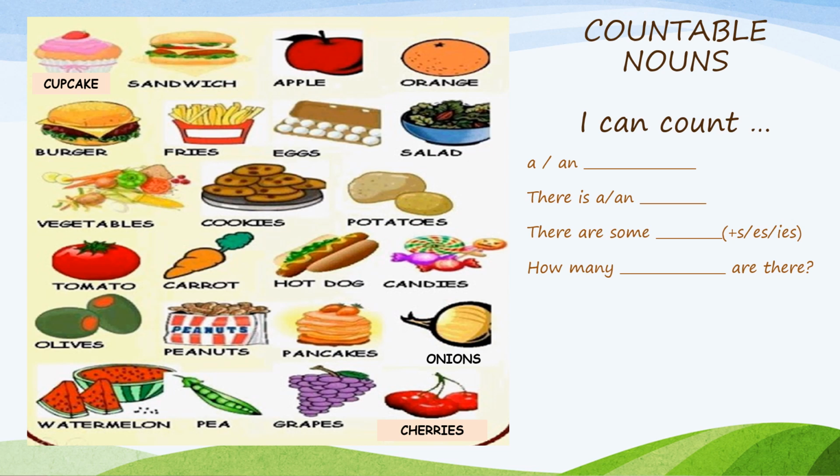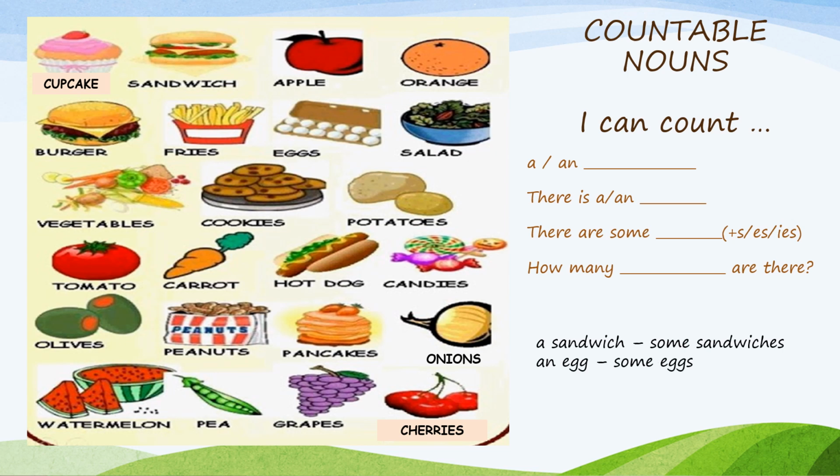So for example, how many pancakes are there? Or how many carrots are there? So if there is one, we say a sandwich. If there is more than one, okay, there are some sandwiches.